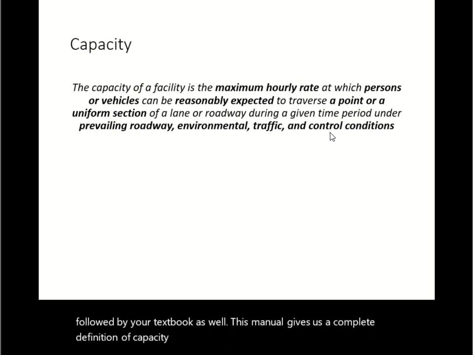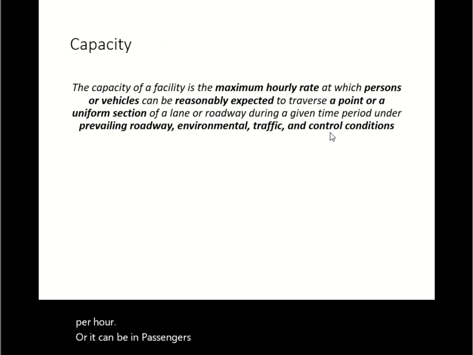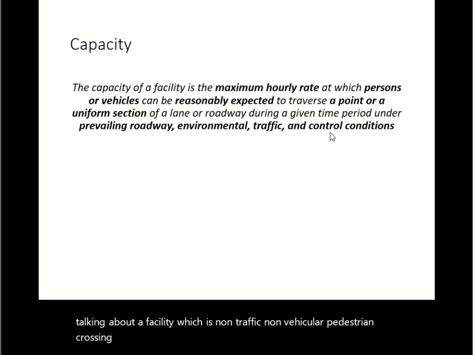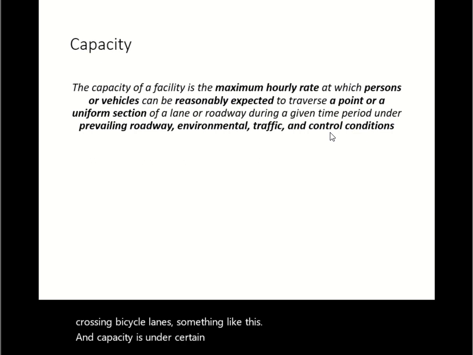According to them, capacity can be in vehicles per hour, or in passengers per hour or people per hour if you are talking about a non-vehicular facility, like a pedestrian crossing or bicycle lanes. And capacity is under a certain set of conditions. When these conditions change, capacity should be recalculated.